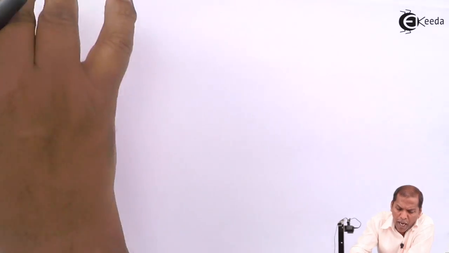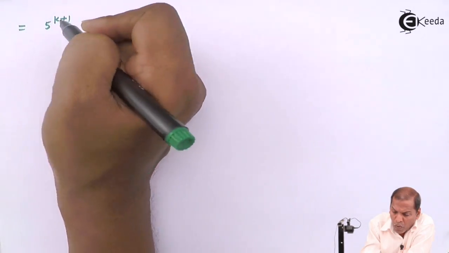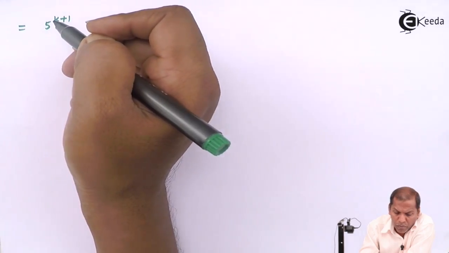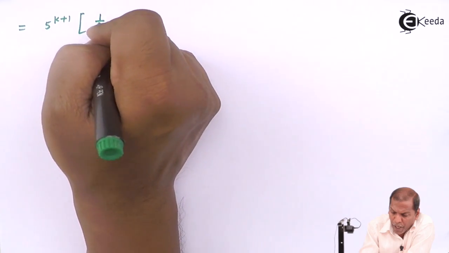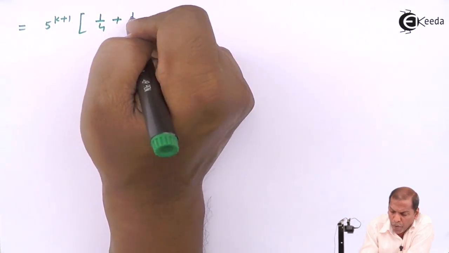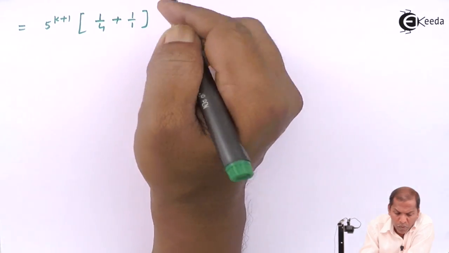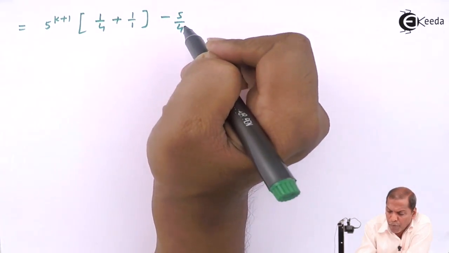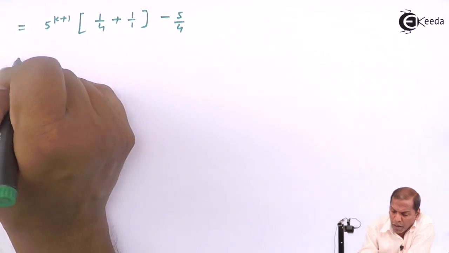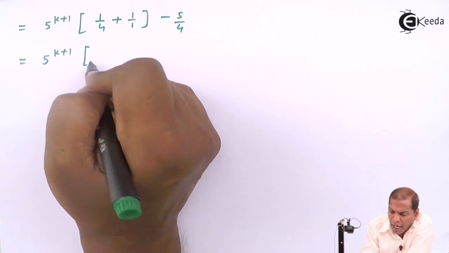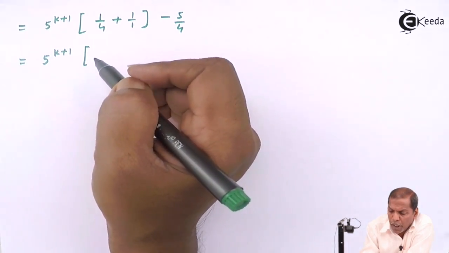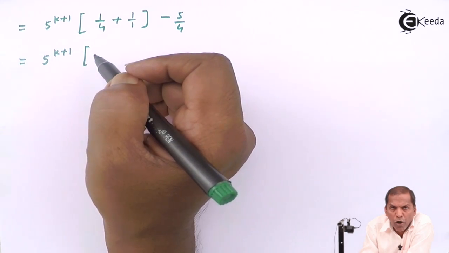Now from the first and last term we take 5^(k+1) common, so the next step will be 5^(k+1) in bracket (1/4 + 1/1), and the middle term −5/4 we write as it is. Since the denominators are different, we cross multiply.